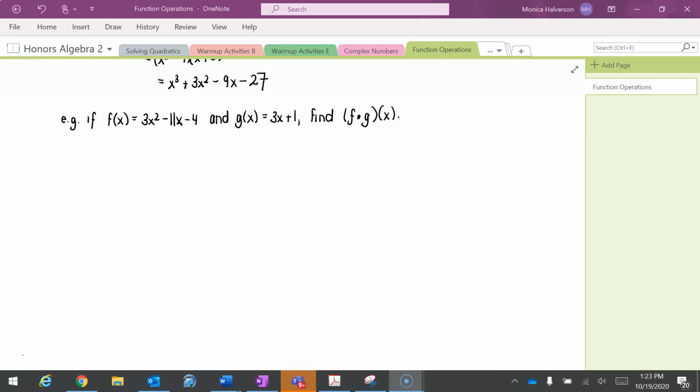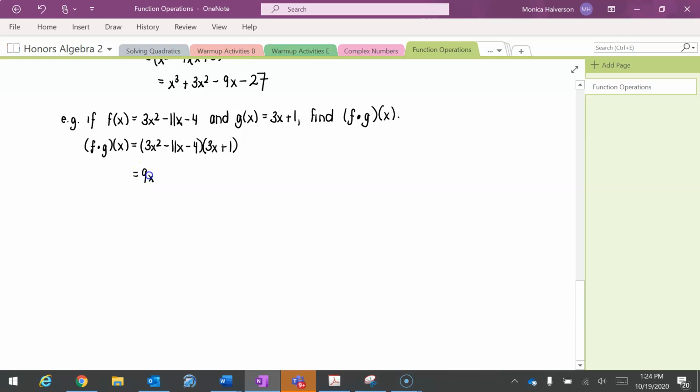Okay, so if we were to do this, we know that f times g of x is equal to 3x squared minus 11x minus 4 times 3x plus 1. Now in this case, we're not using FOIL, we're going to use distribution.